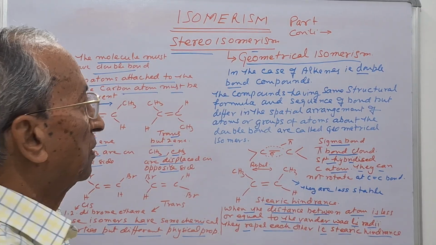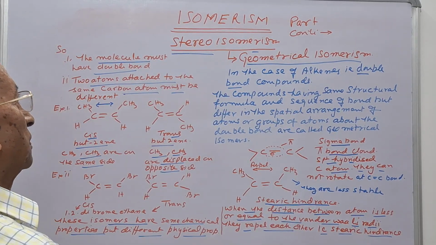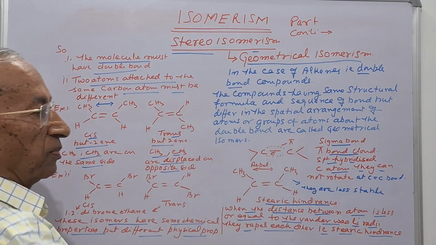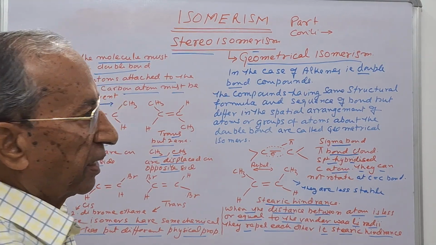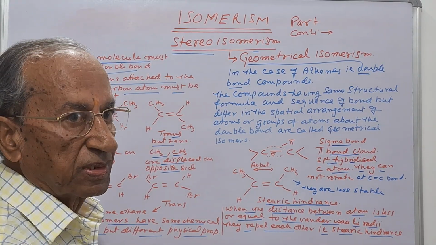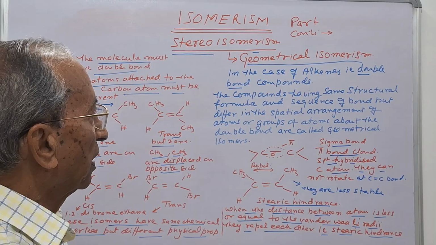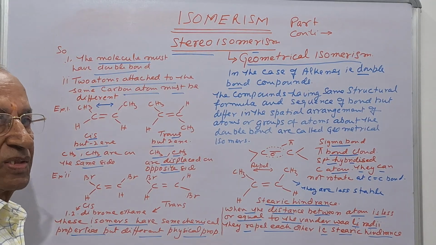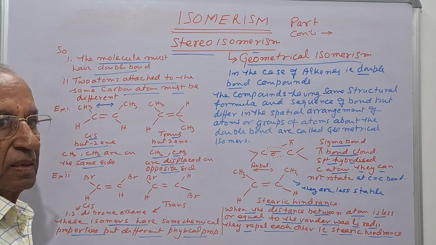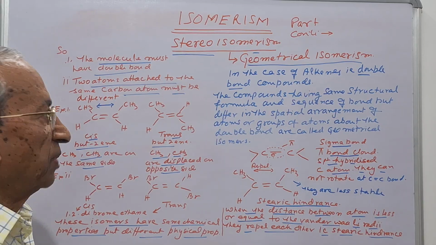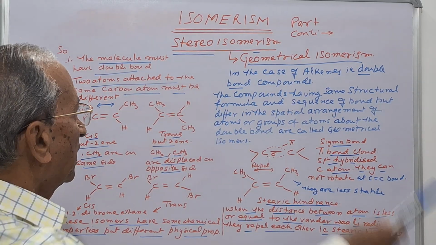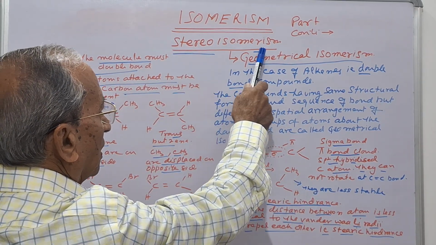In my last video I explained structural isomerism. In that case, compounds having the same molecular formula but different structural formula are the isomers. Today I will explain stereoisomerism.